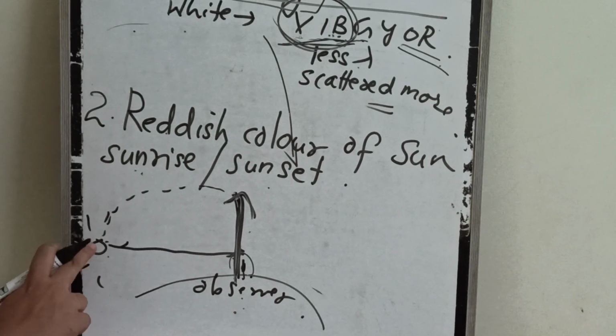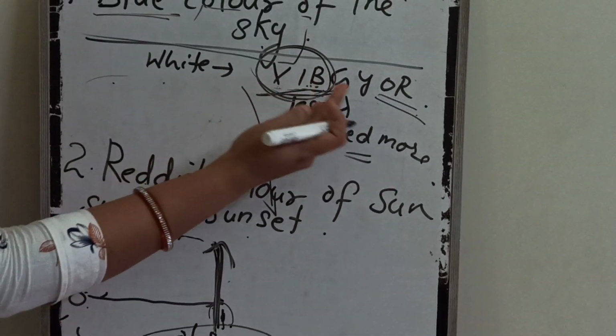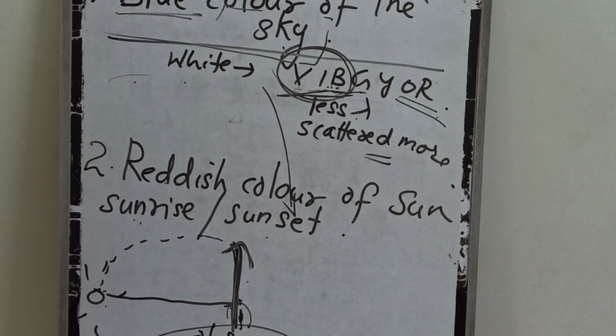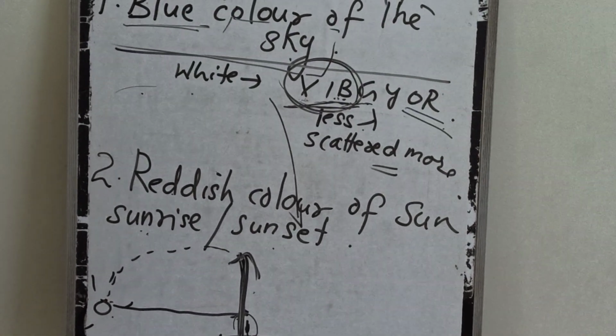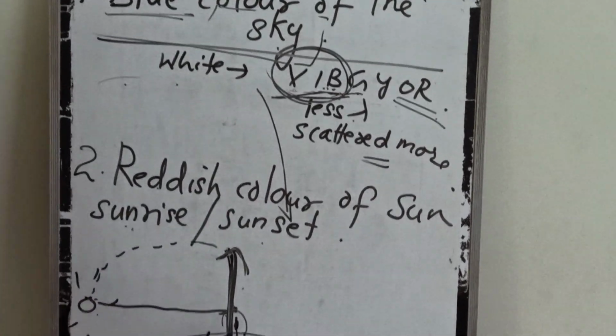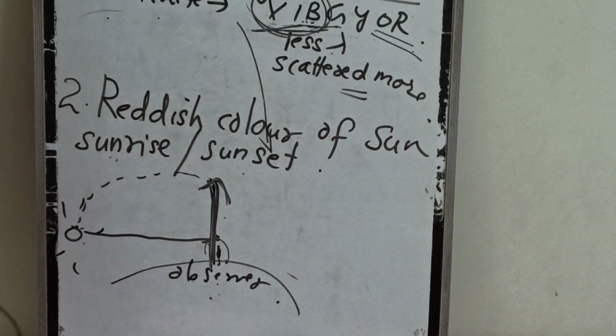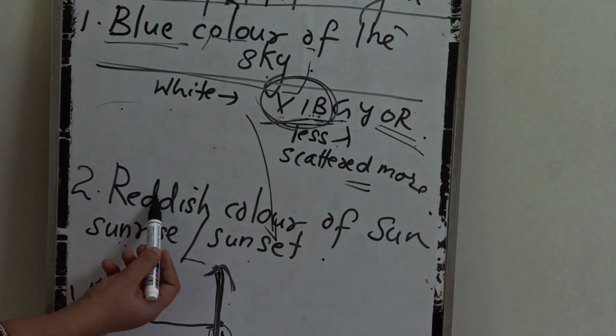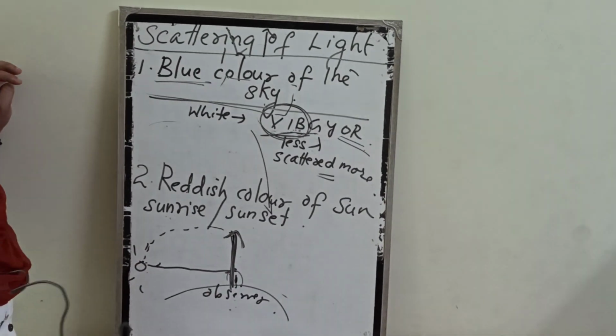At that time, the blue portion of the spectrum will get scattered more, and finally when it reaches the observer, only the reddish orange part will remain. That is why the sun appears red during sunrise and sunset.